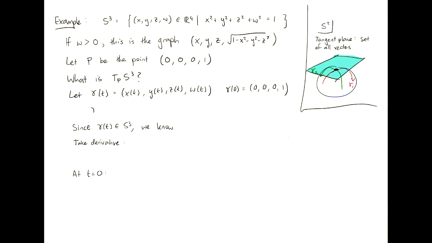Okay? Well, we can calculate the derivative at that point of any arbitrary curve with the restriction that it passes through the point. The derivative, and if the derivative exists, then we're golden, is x dashed of naught, y dashed of naught, z dashed of naught, and w dashed of naught.